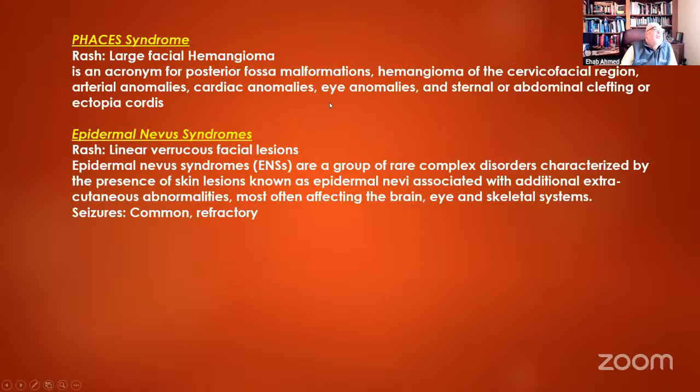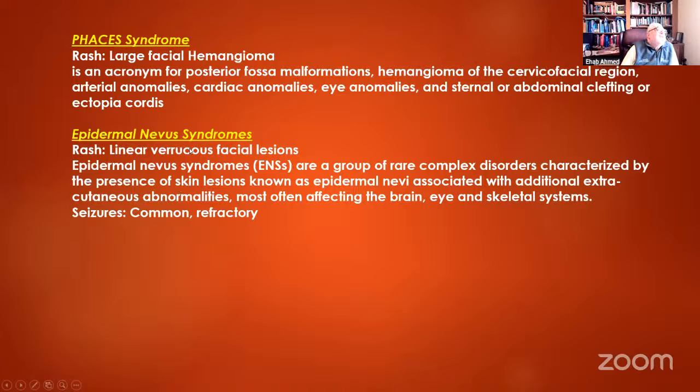The PHACES syndrome, we have posterior fossa malformation for P, hemangioma for H, usually in the face area, A, arterial anomalies in intracranial, C, heart, E, eye, and S. Some people say PHACE, others call it PHACES with sternal abnormalities and cleft or ectopia cordis.